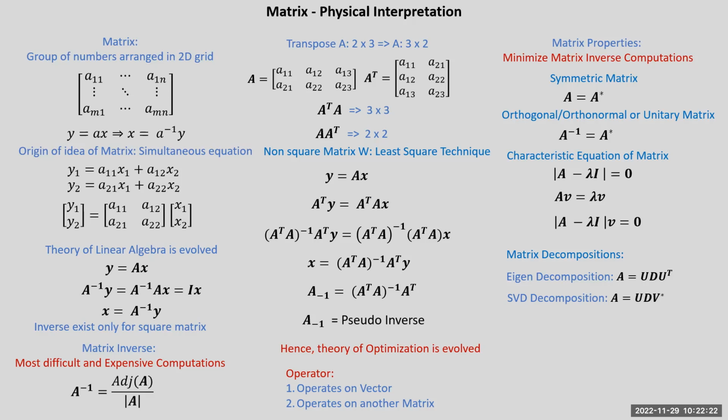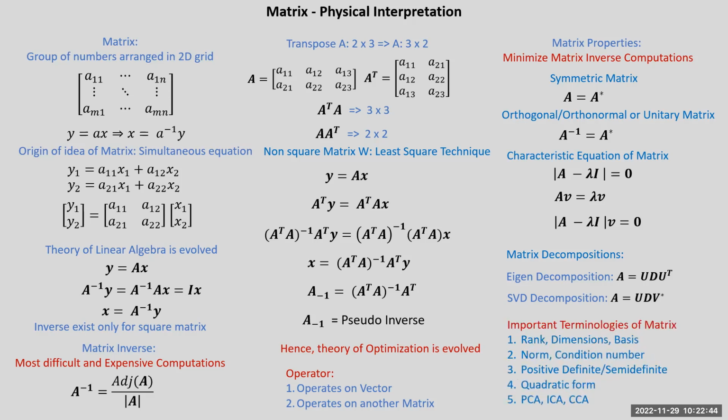Now if A is an n cross m matrix, then the dimension of U is n cross n, the dimension of V is m cross m, while the dimension of D is n cross m. So when you apply the rule of multiplication, the final matrix will match the dimension of A.